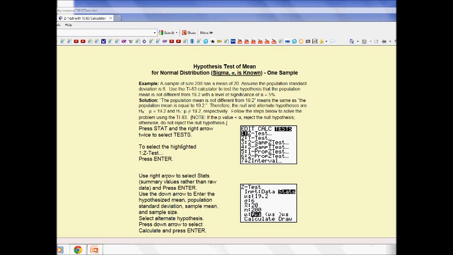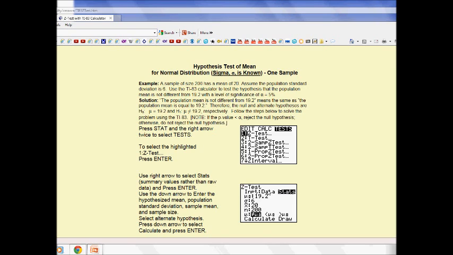But okay, when you hit enter on this Z test, you're going to have two different options. One is you can use the data option or the stats. Now, I was very nice to you. You can thank me later. I'm only going to make you put stats in.